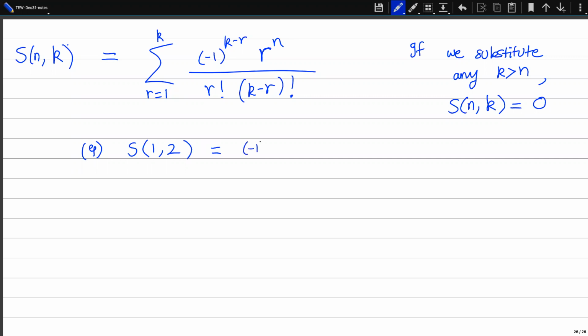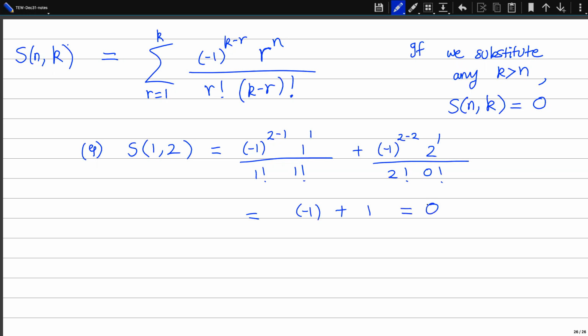The first term is (-1)^(2-1) times 1^1 over 1 factorial, plus (-1)^(2-2) times 2^1 over 2 factorial 0 factorial. The first term is minus 1 and the second term is plus 1, so I get a 0.